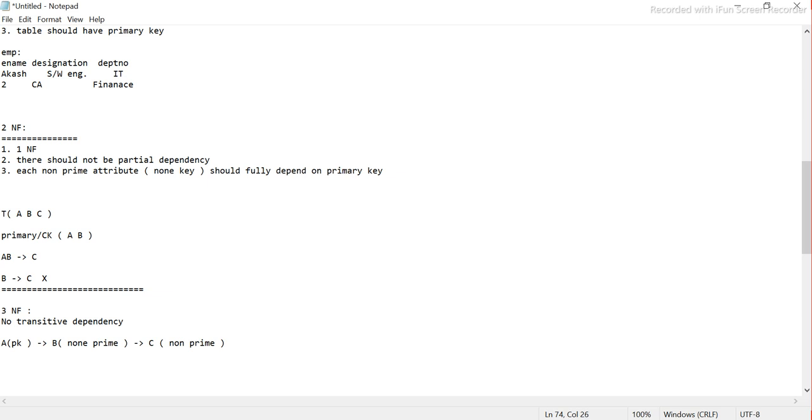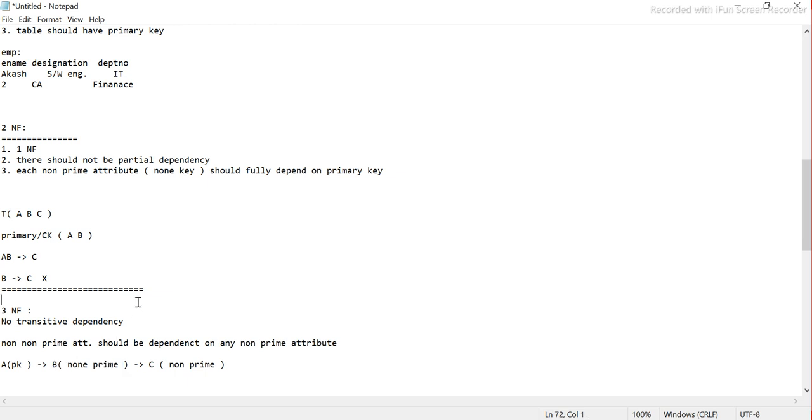It also means that no non-prime attribute should be dependent on any non-prime attribute. But here, one non-prime is dependent on another non-prime. That's why this violates the third normal form, and this is also transitive.